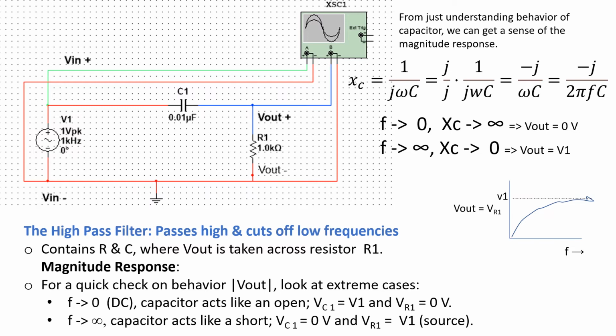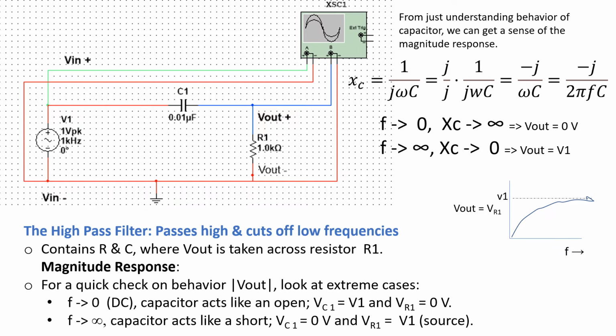Since there is no current flow when the capacitor is charged, the voltage drop across the resistor R1 would then be 0. So when the frequency is 0, the voltage drop across R1 is also 0 after some short interval when the capacitor is charged.